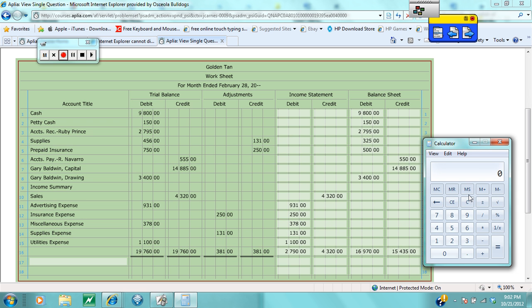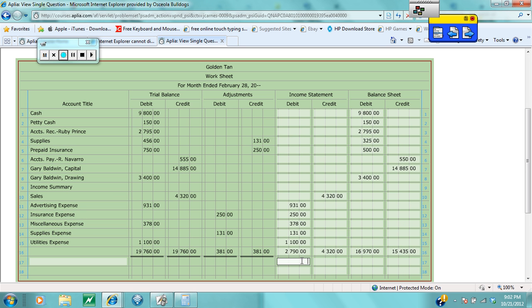So we got 4,320 minus 2,790, and we should have made 1,530 because our income is greater than our expenses. So here, of course, we have a net income.